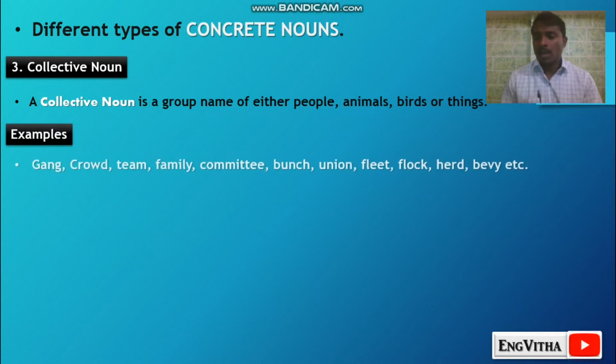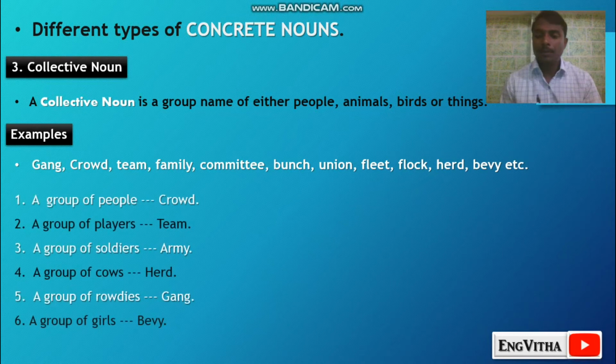Now, gang, crowd, team, family, committee, bunch, union, fleet, flag, herd, and baby. These are all names of particular groups. Let's see further examples also.